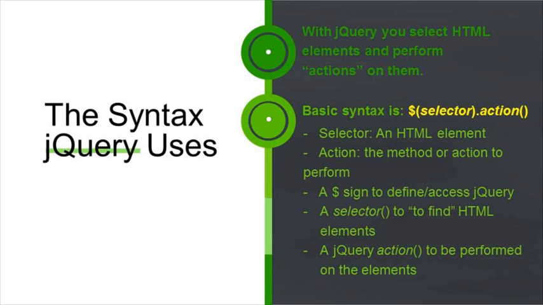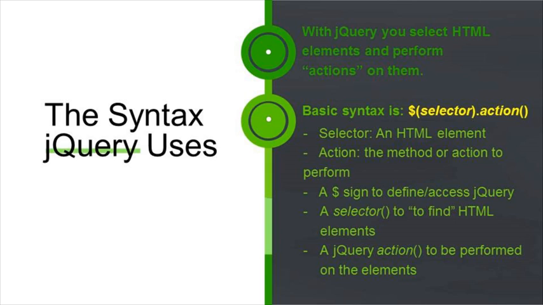So a selector is used to find HTML elements. So that's all a selector does. It just finds HTML elements for us to perform actions on. Now, a jQuery action to be performed on the elements are just normal functions that we either define ourselves, or we can call jQuery functions to perform the actions.